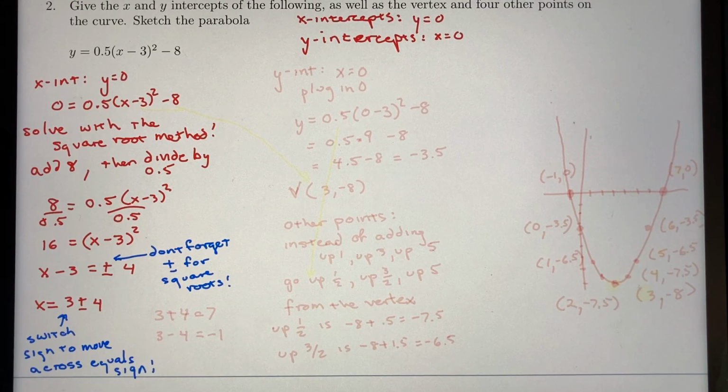Okay. 3 plus 4 is 7. 3 minus 4 is negative 1. So if I graph this, I'm gonna graph this way over on the right here. First thing I'm gonna do is have 1, 2, 3, 4, 5, 6, 7, and negative 1.